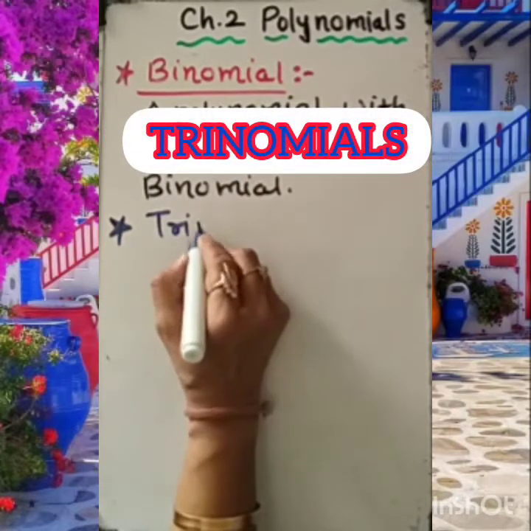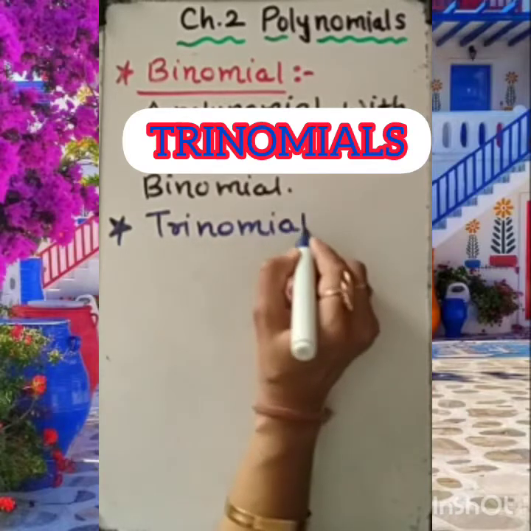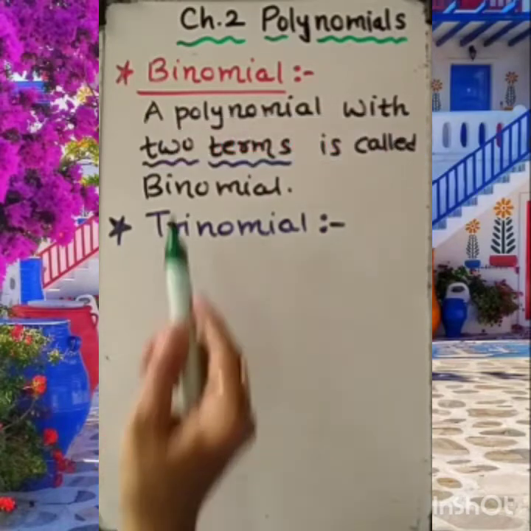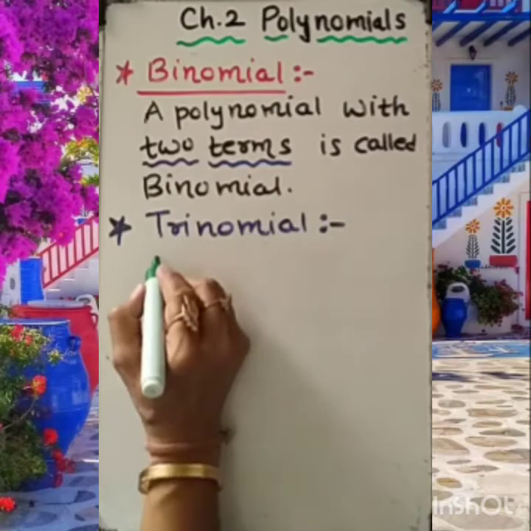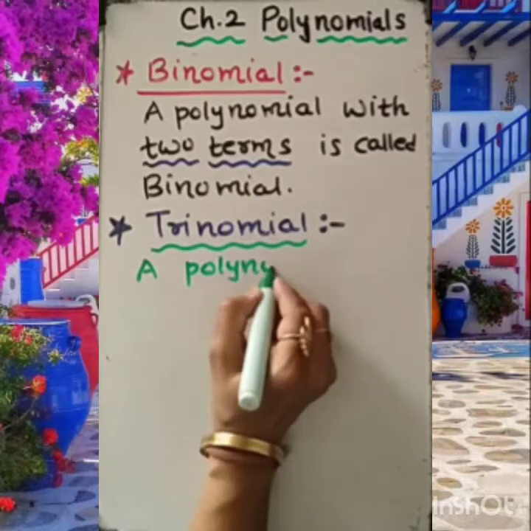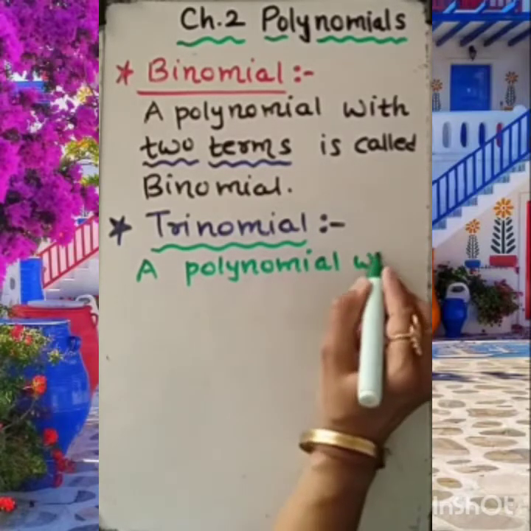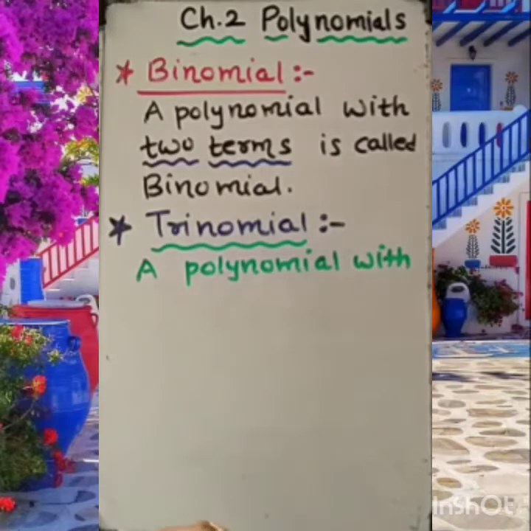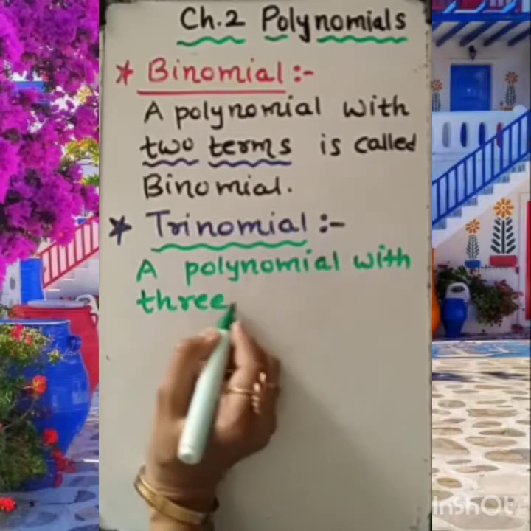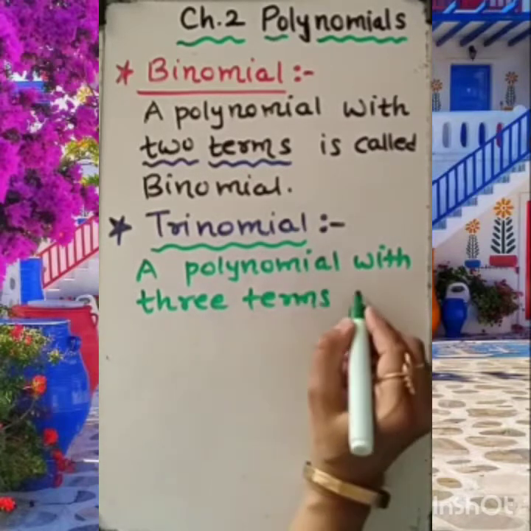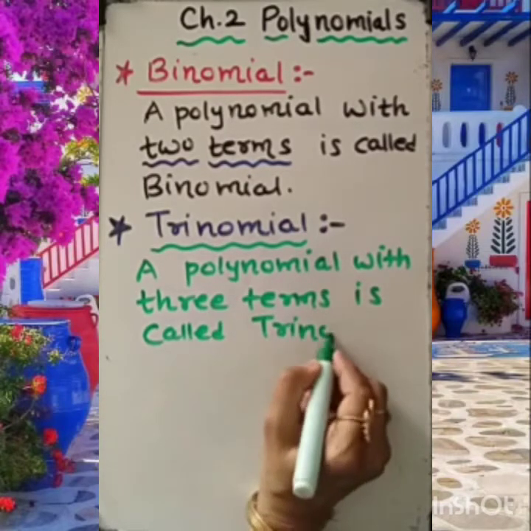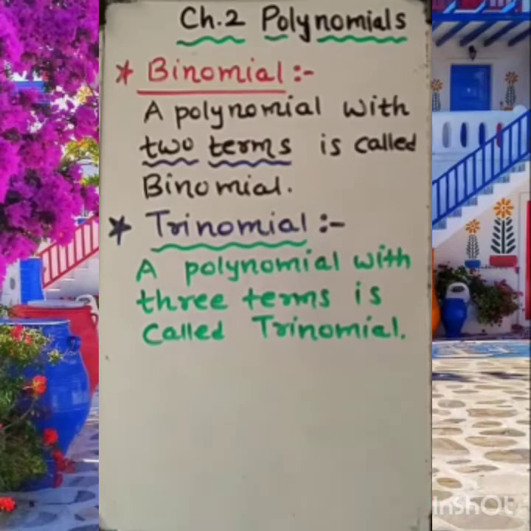Let's work out trinomial. The next definition is trinomial. Very simple. As we have seen, a binomial has two terms; in the same way, a polynomial with three terms is called a trinomial. It must have three terms.